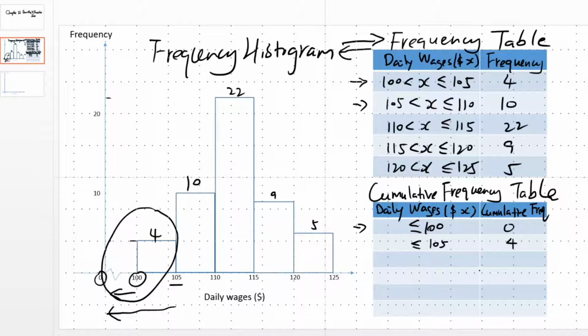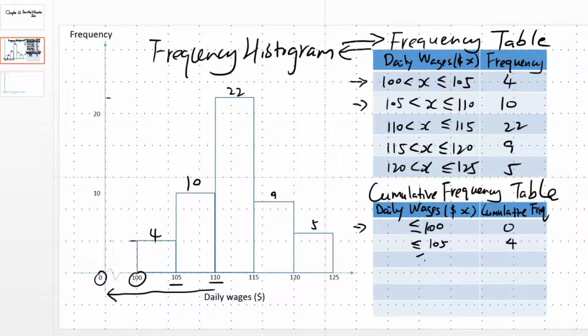Okay, so let me continue. So I can erase this. So now I should be looking at here 110, right? So all the way to the beginning. All right.